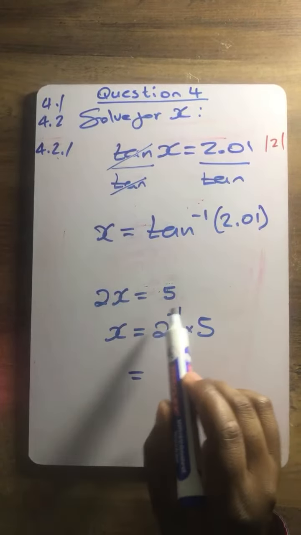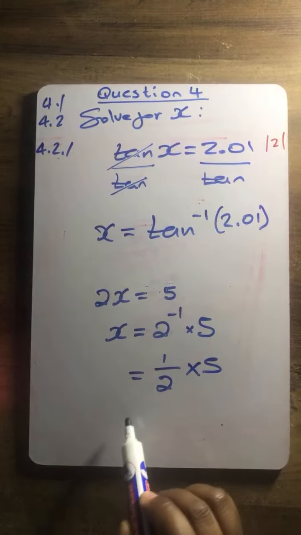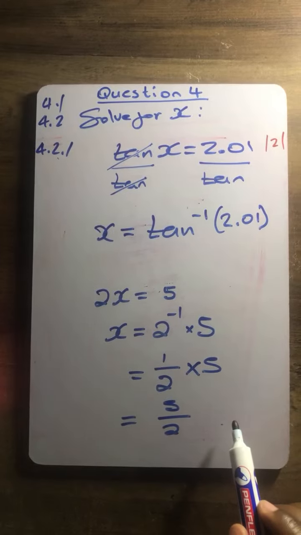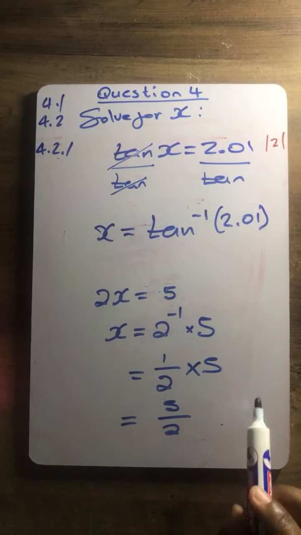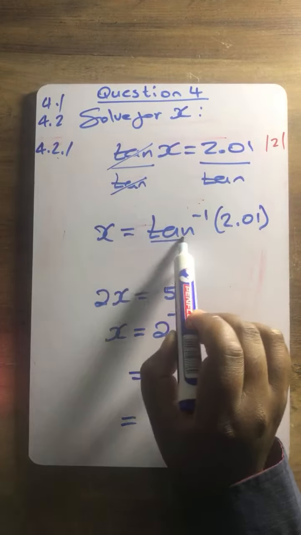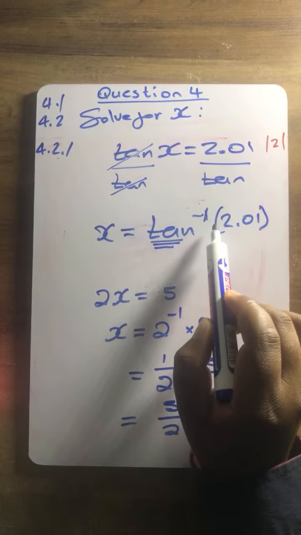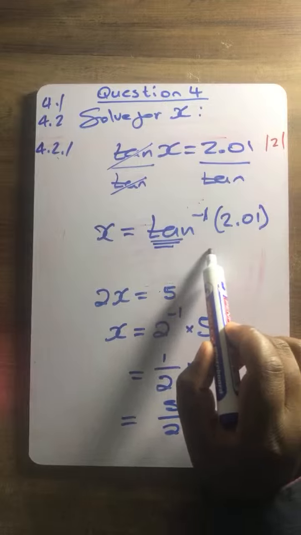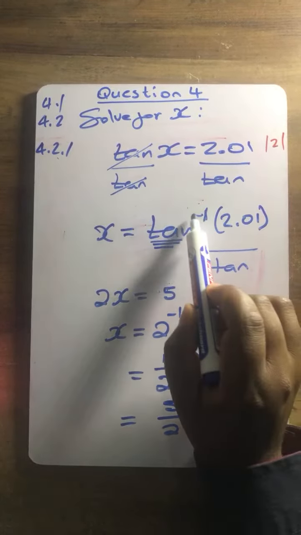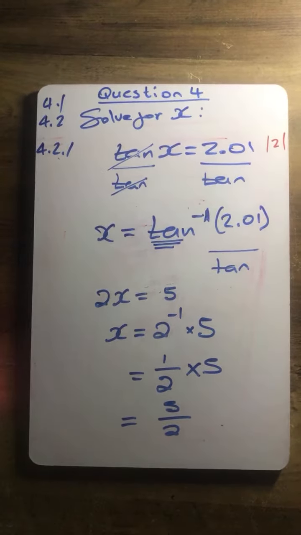This thing to the exponent negative 1 means the same as 5 divided by 2. So just in case you were wondering why with tan, sine, and cos we always say to the exponent negative 1, it's because when we say divided by tan, it gives an error. So that is why we use that other way of saying divided by. I hope that makes sense.